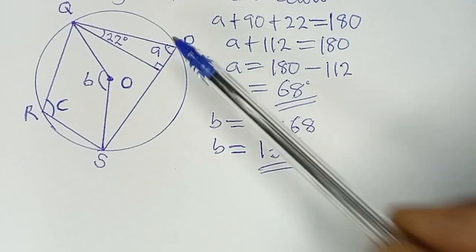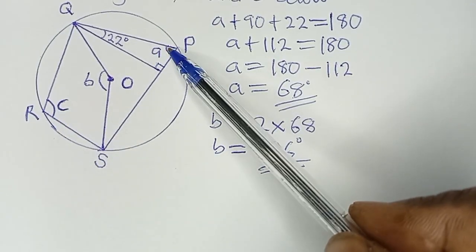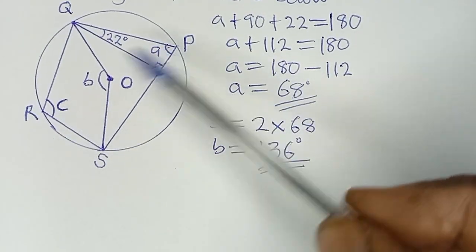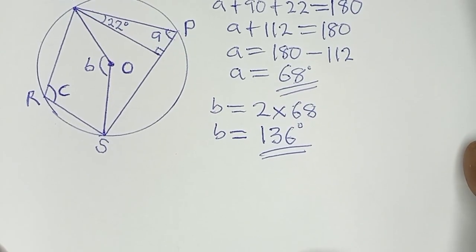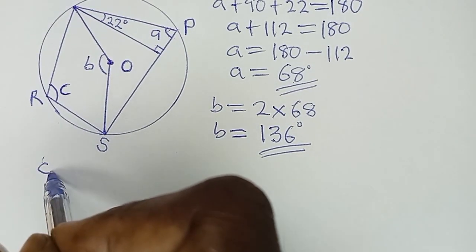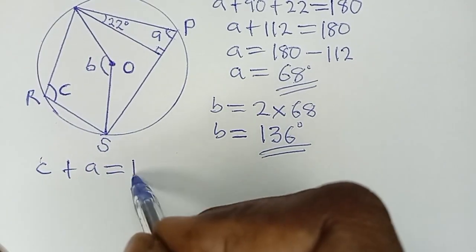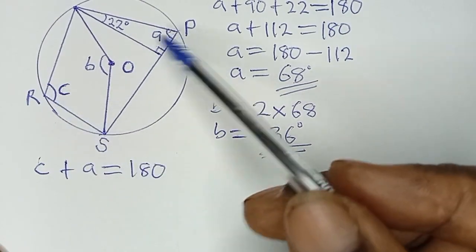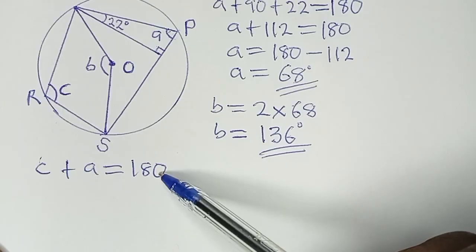So this angle A and this angle C are opposite angles of a cyclic quadrilateral, and they are supplementary, meaning that they add up to 180 degrees. So I can as well just move on and say, therefore, angle C plus angle A is equal to 180 degrees because sum of opposite angles of a cyclic quadrilateral are supplementary. That means they add up to 180.